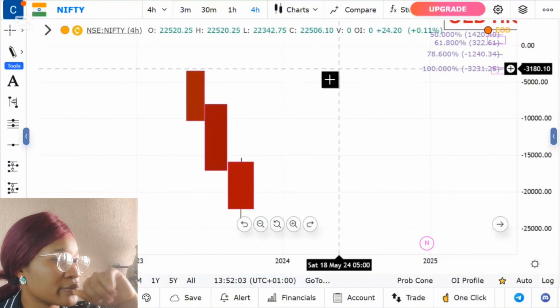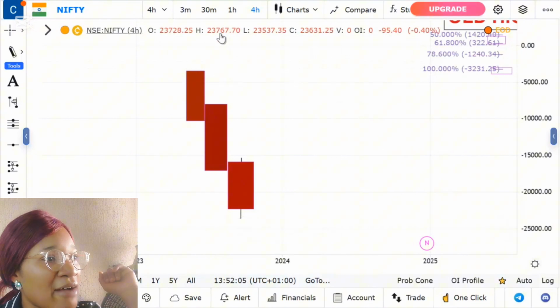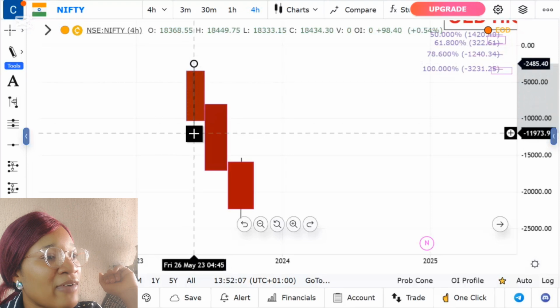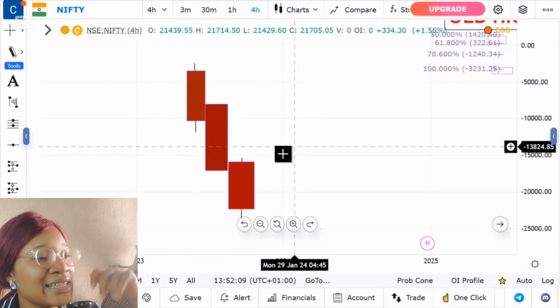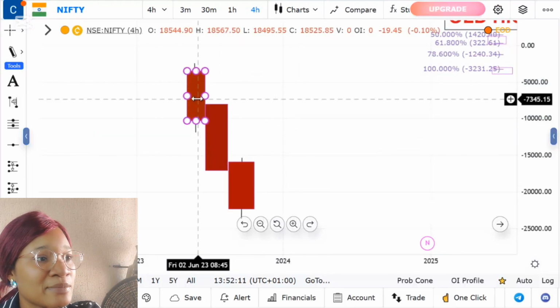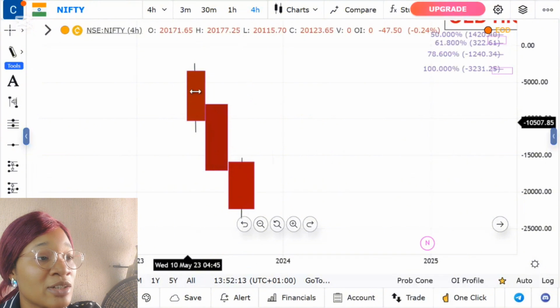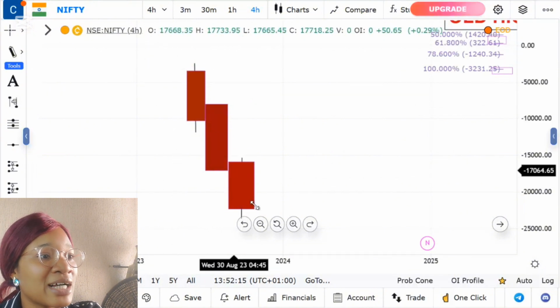You find three candlesticks, and then there's a void between the first and the third.